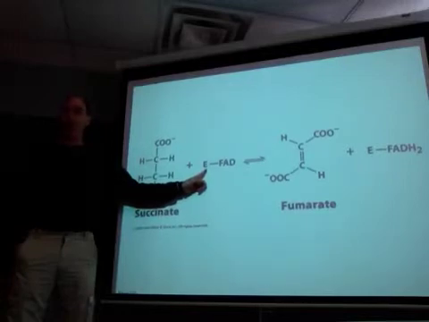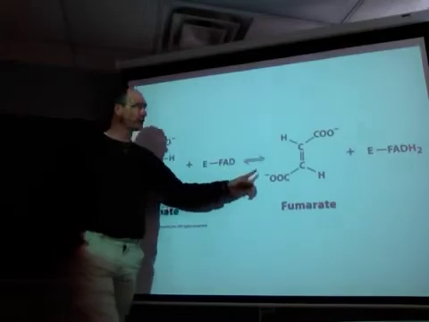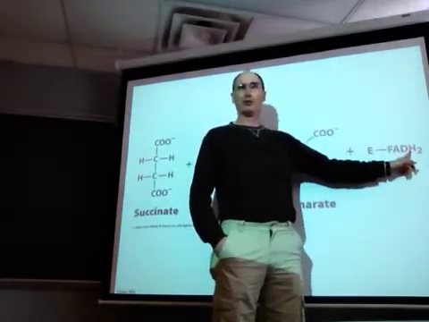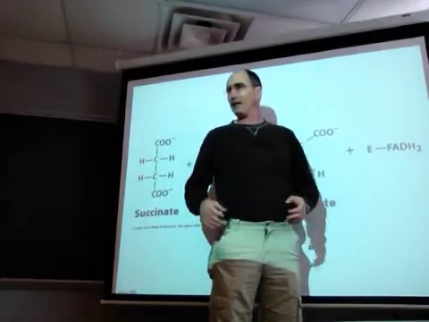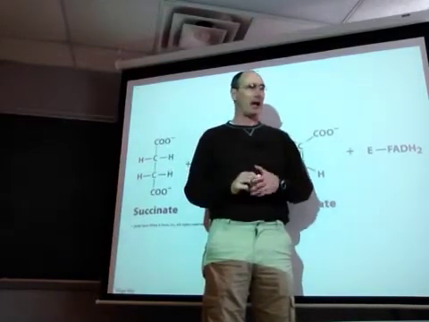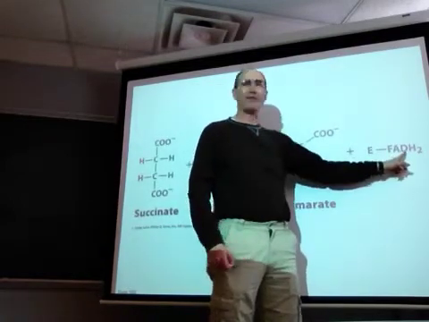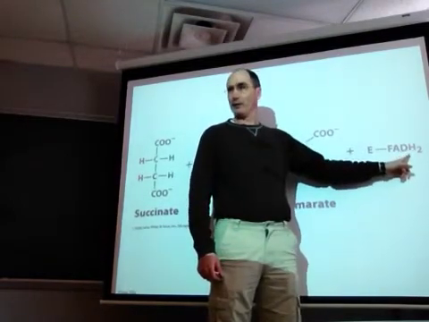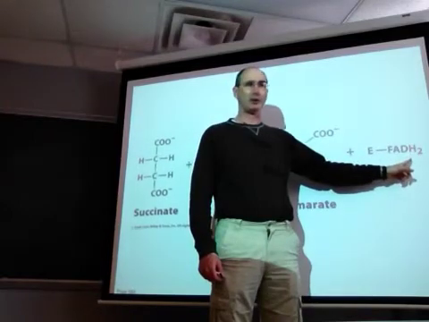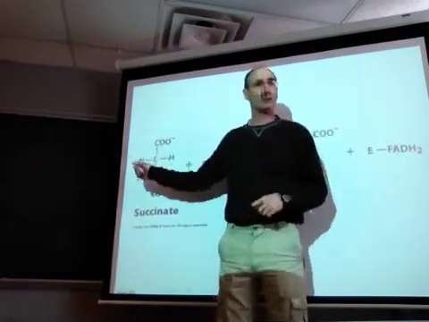Bound. It's bound to the enzyme, right? So when FAD is reduced to FADH2, it's not like an NAD-using enzyme, which can release an NADH and bind a new molecule of NAD. But an FAD-using enzyme, when it is reduced, what's its only choice? Oxidize. It has to oxidize that one to do it again.